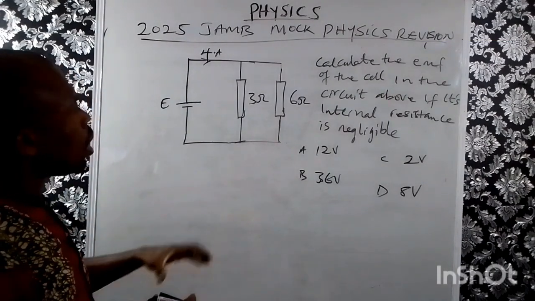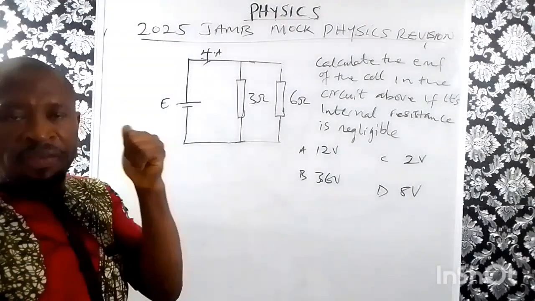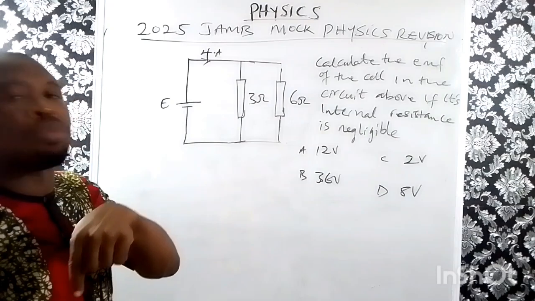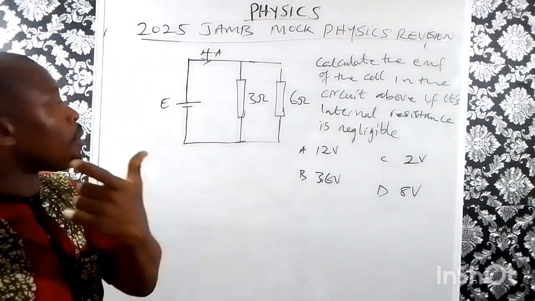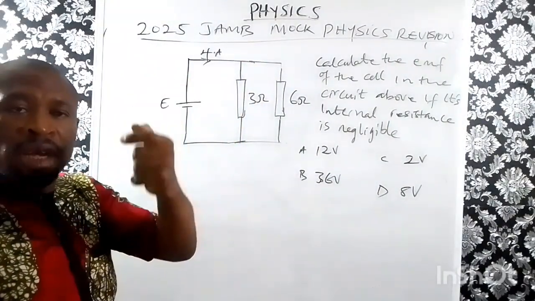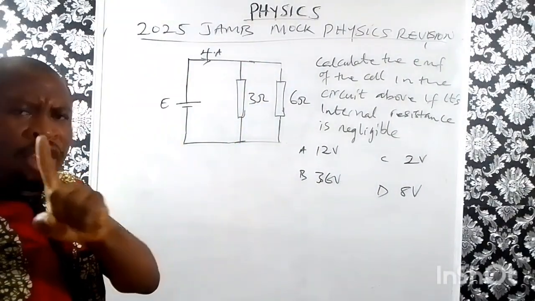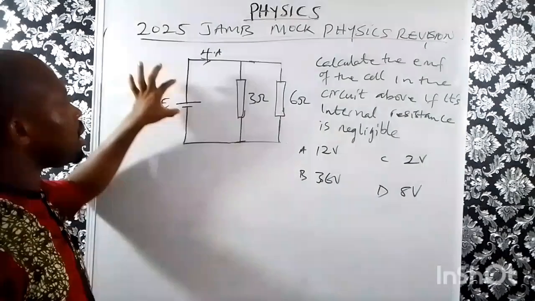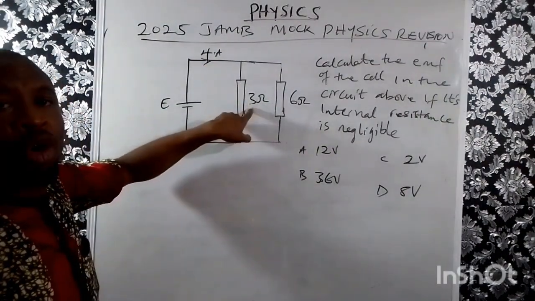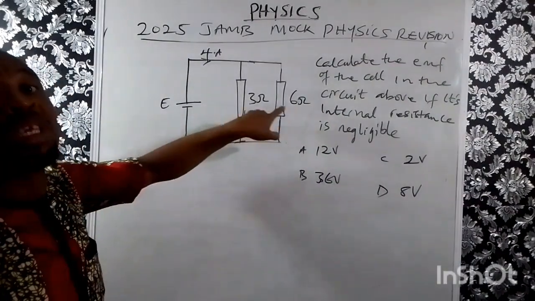If you watch the video I posted last fall, I will drop the link in the description below, they described one of the conditions when we have a parallel circuit. Now, one of the conditions is that the same PD flowing in this 3 ohm resistor will still flow here.